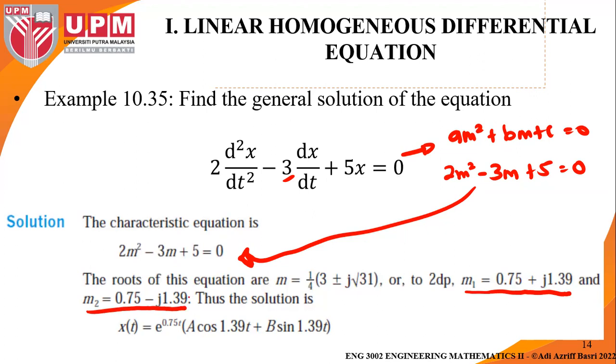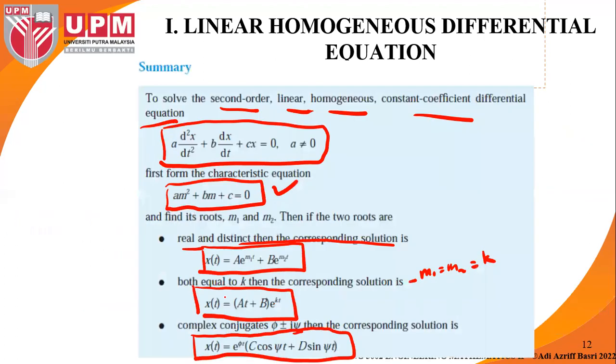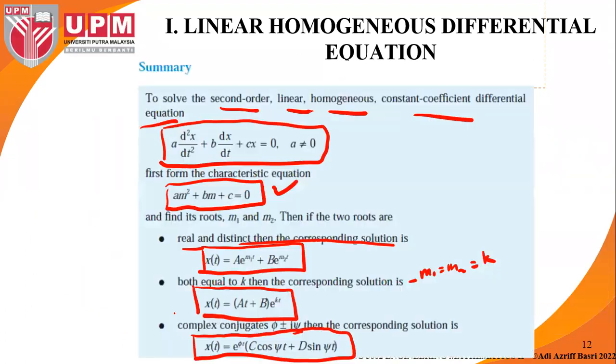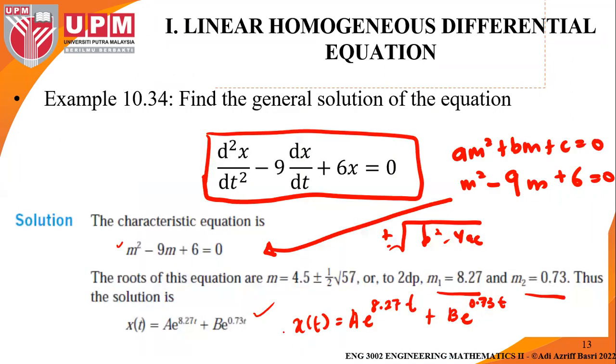From these solutions, this one will be categorized into the third one, because you have a psi and a plus minus j omega. So you use x(t) equal to exponent psi t, bracket c cos omega t plus d sin omega t.